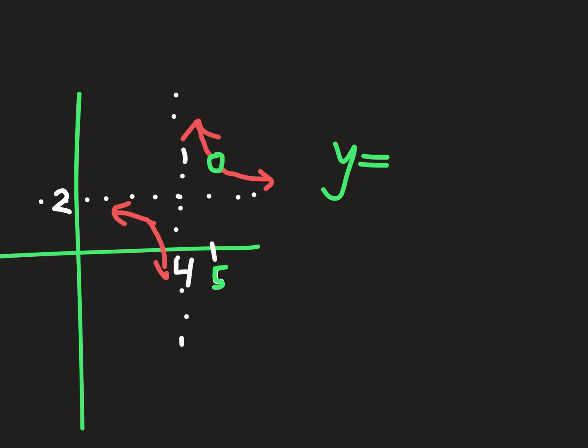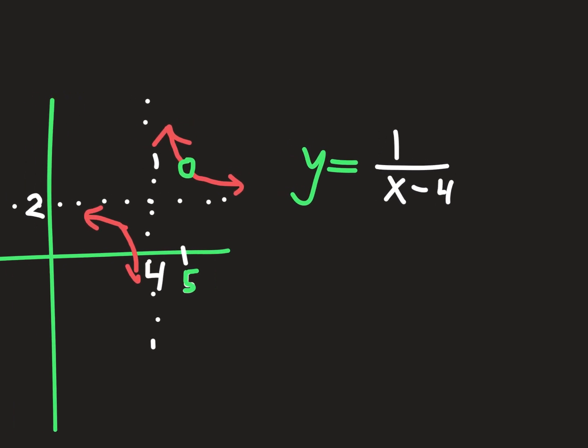Fundamentally, is this a y equals x function? Or y equals x squared? Neither of those. What is it? 1 over x. Good. But it's been moved. Which ways? To the right 4 and up 2.